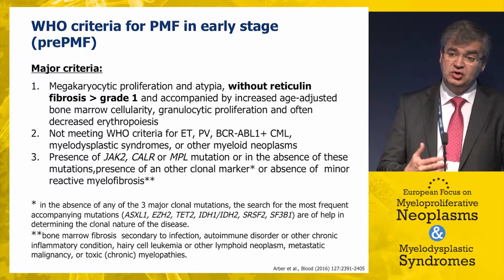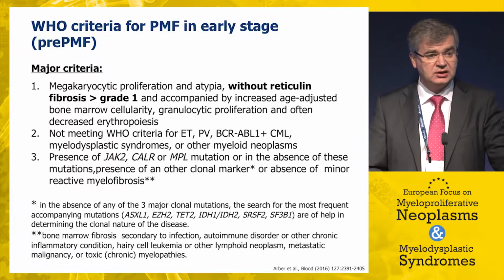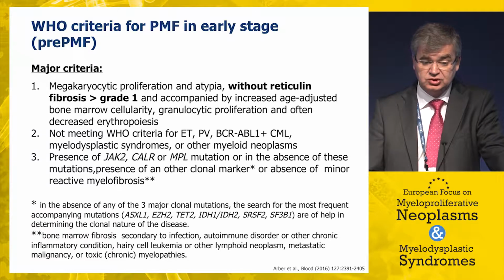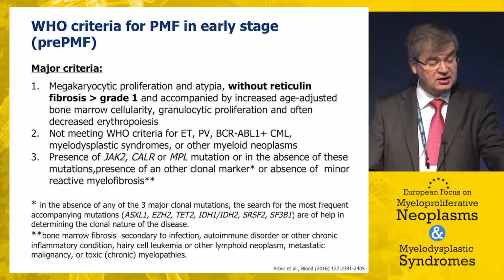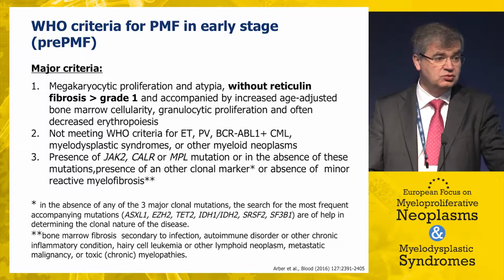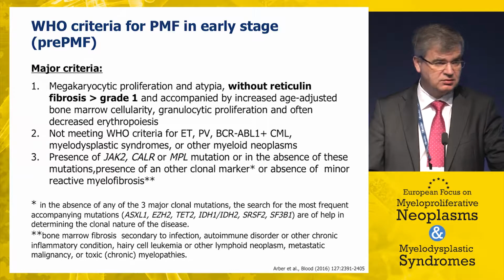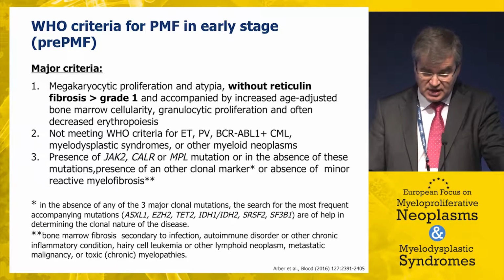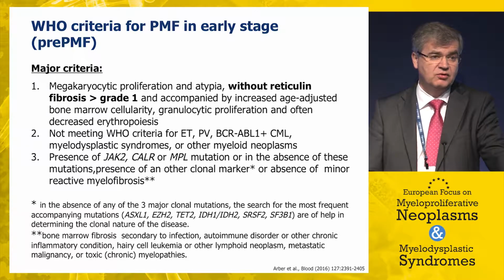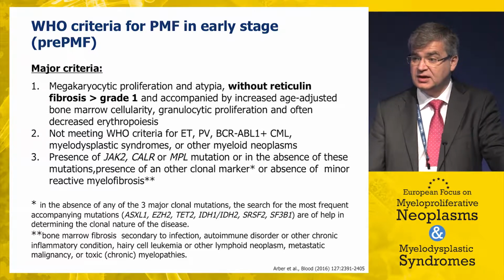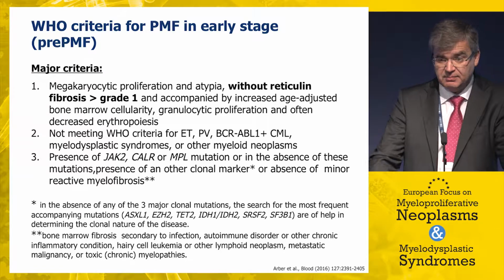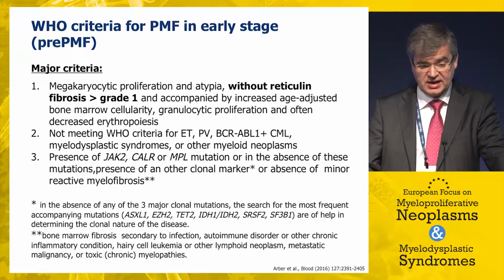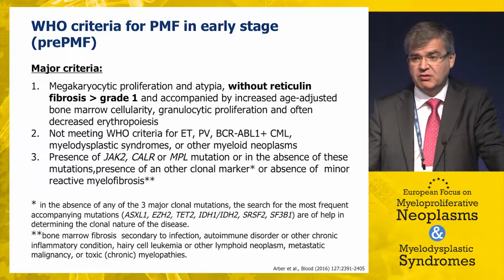And if you have no evidence of clonal disease by assessing these phenotypic driver mutations, you should be very sure not to mix up a reactive condition. Think about autoimmune fibrosis, think about MDS-MPN or MDS with fibrosis or even without fibrosis. And it's recommended to go further in molecular testing, in particular in young patients, to look for prognostically important somatic mutations like those listed here in the lower part of the slide.